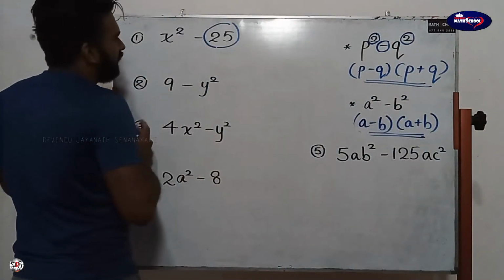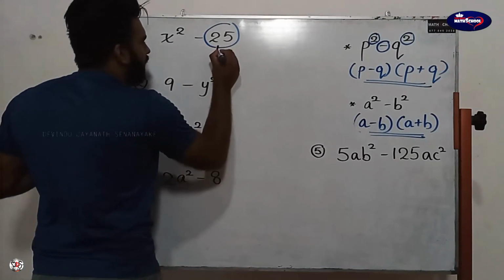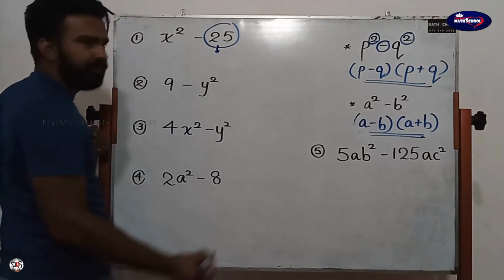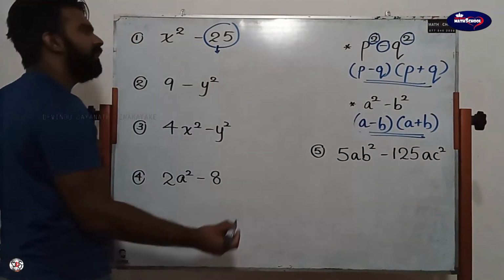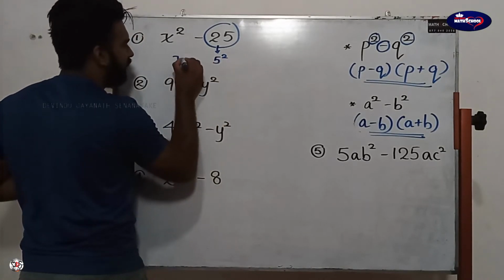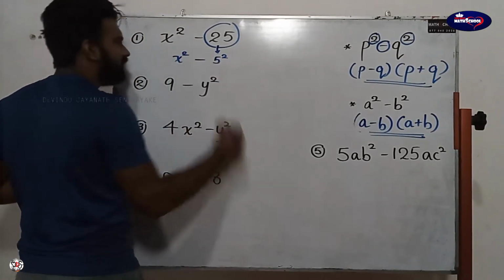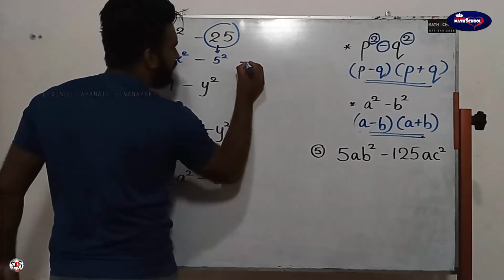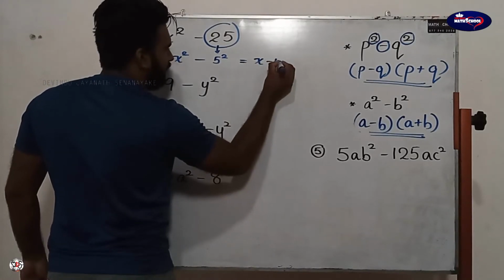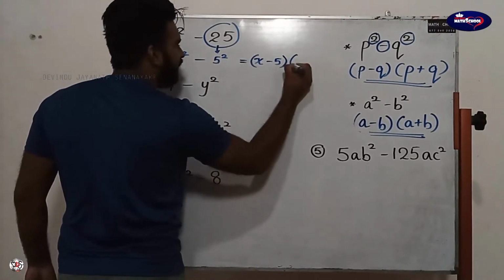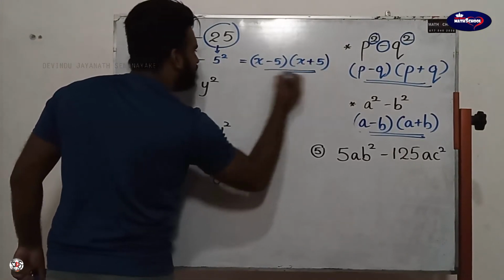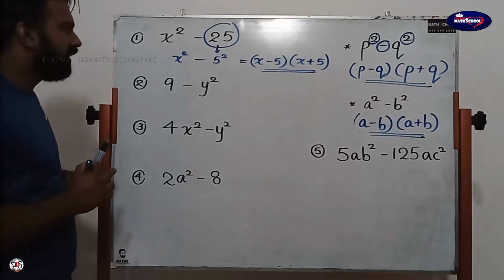This 25, we can write as a square. 25 is made of 5 into 5, so 25 means 5 to the power 2, so you can write it as x square minus 5 square. So here we can simplify, removing the two squares, and write it as x minus 5, and the other one as x plus 5. That's all. See how easy these types of sums are.